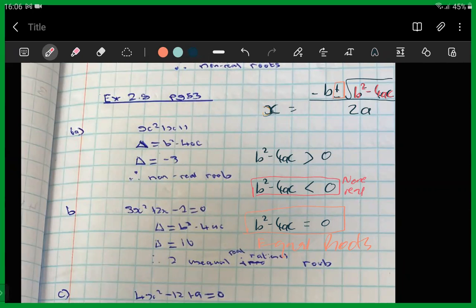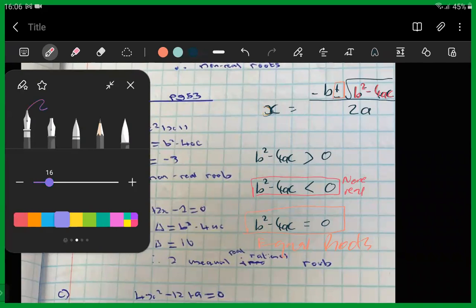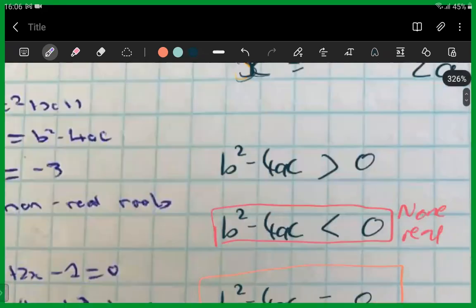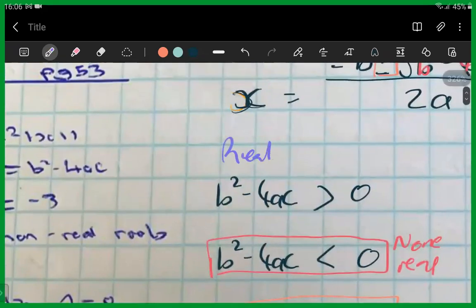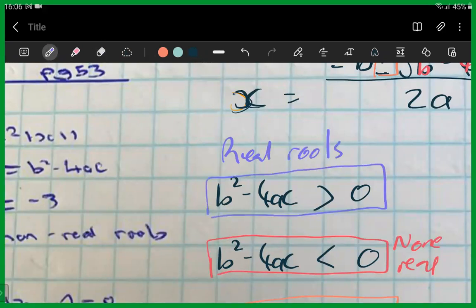So with that being said, before we go there, when they ask for real roots, anytime they speak of real roots, then we would work out where b squared minus 4ac is bigger than 0.